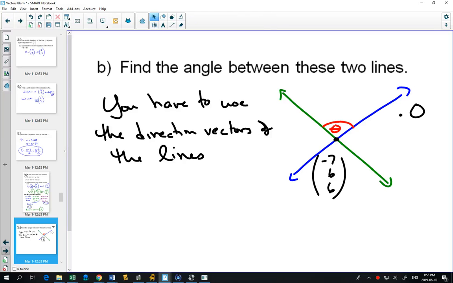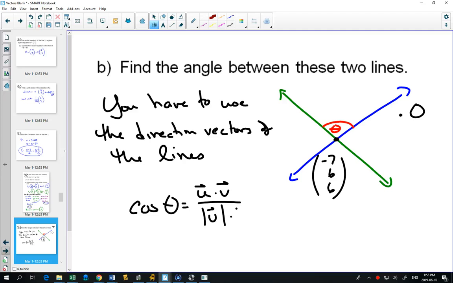And then we can use the formula that cos theta is the dot product divided by the lengths of each vector.